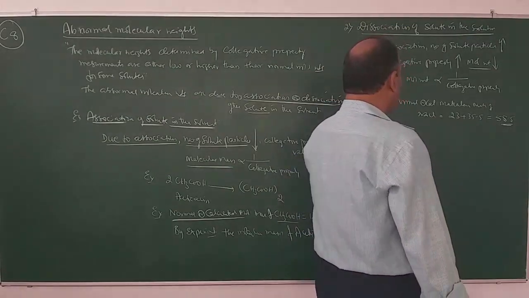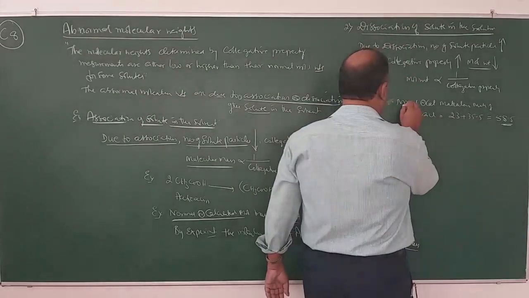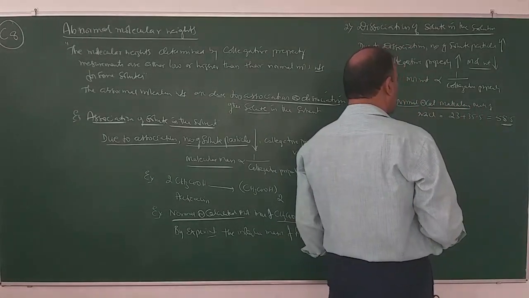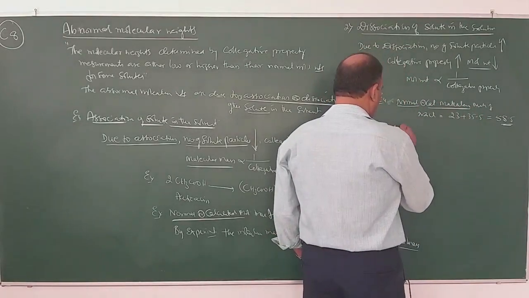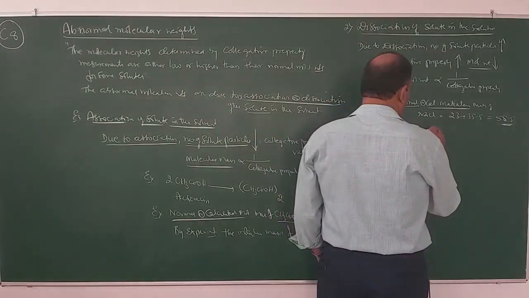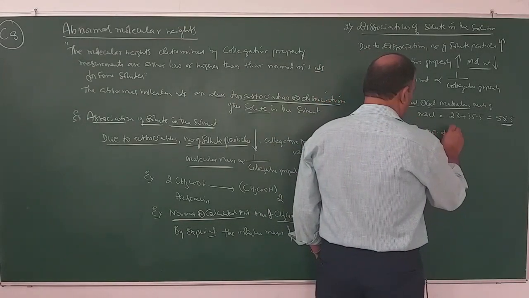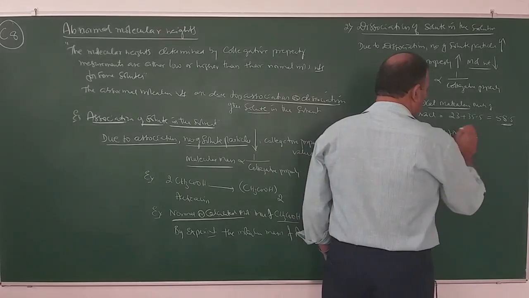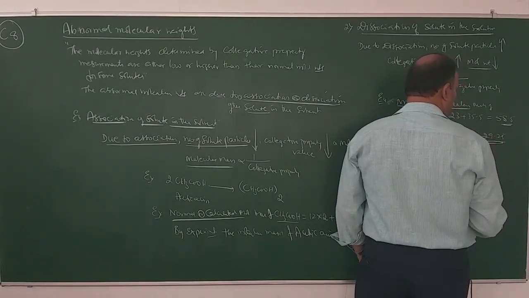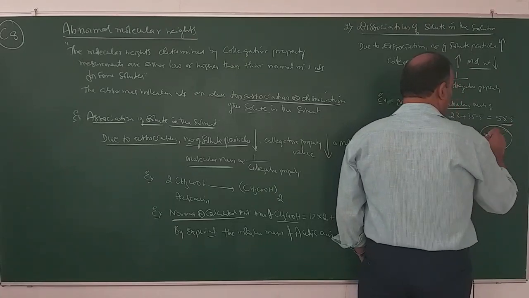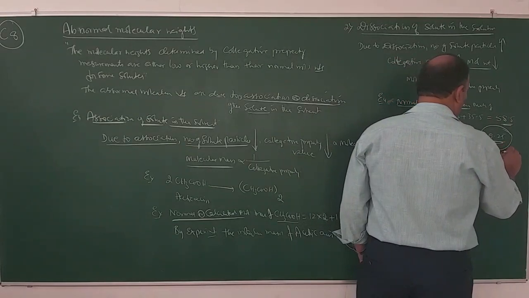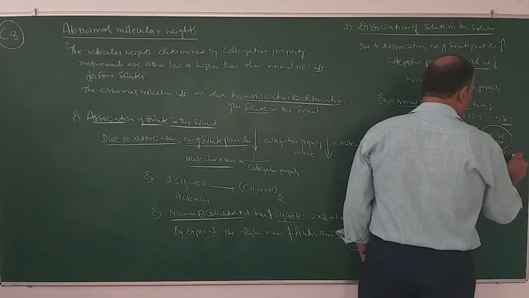So 58.5 is the normal or calculated molecular mass of sodium chloride. By colligative property experiment, the molecular mass of NaCl is found to be 29.25. So it is smaller than its normal molecular mass.